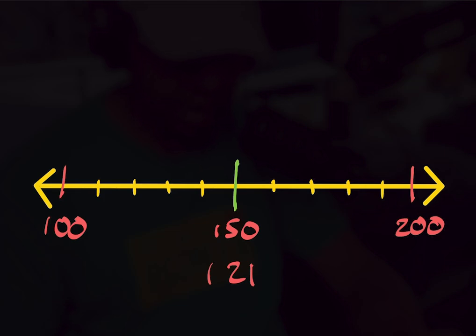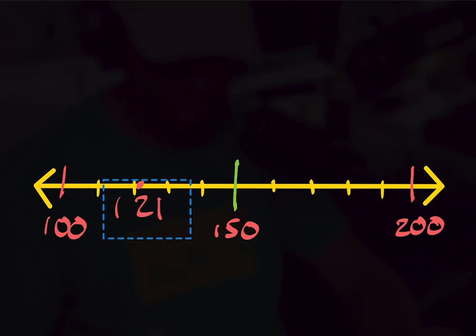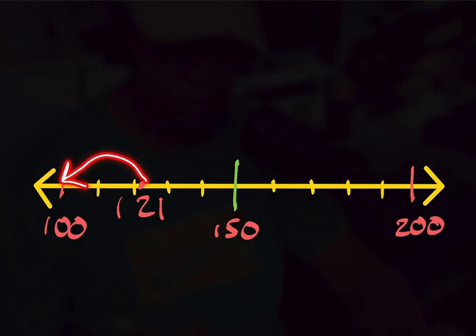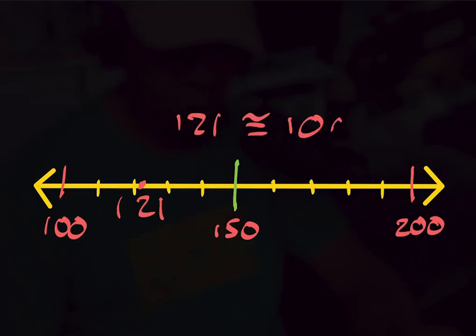I have to choose, where does 121 go? 100, 110, 120, right on the other side. 121 is definitely rounding to $100. 121 is approximately $100.